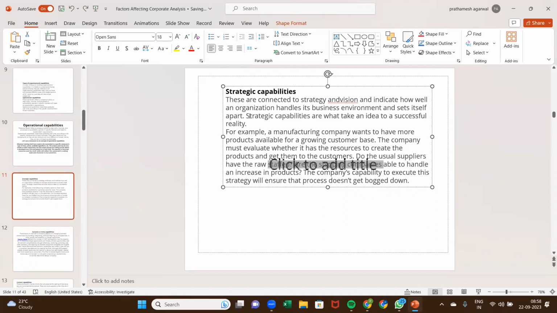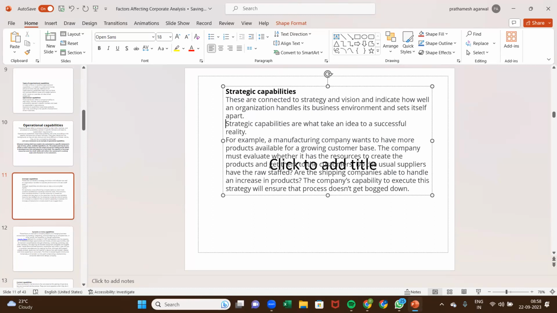Okay. They are connected to strategy and vision, strategic capabilities, and indicate how well the organization handles its business environment and sets itself apart. Sets itself apart means we are going to have the competitive edge. Strategic capabilities are what takes an idea to a successful reality.